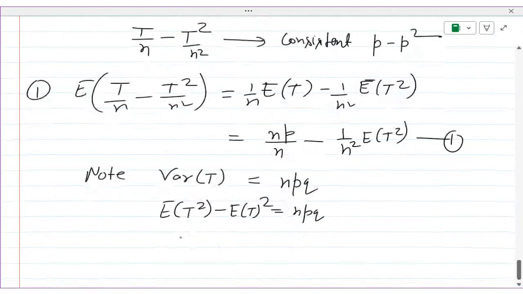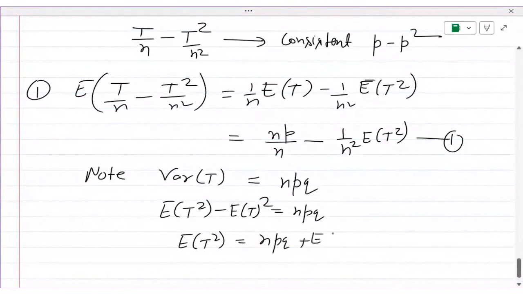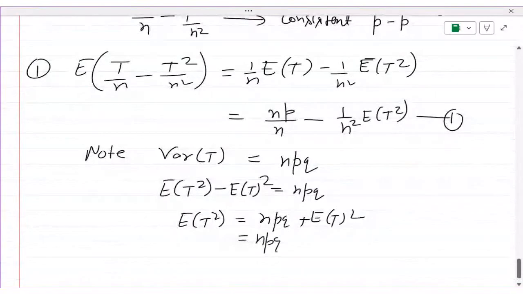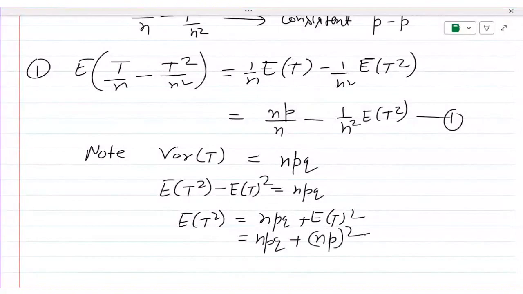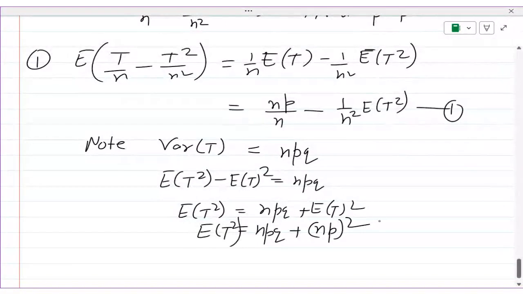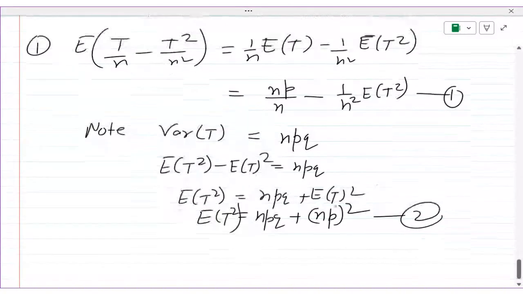Now E of T square is equal to npq plus E of T whole square. So npq as it is. What is the expectation of T? What is the mean of a binomial random variable? That is np. So you have n square p square here. Now put this in equation number 1. Use this 2 in equation number 1.